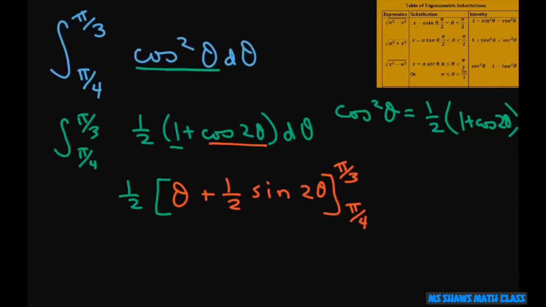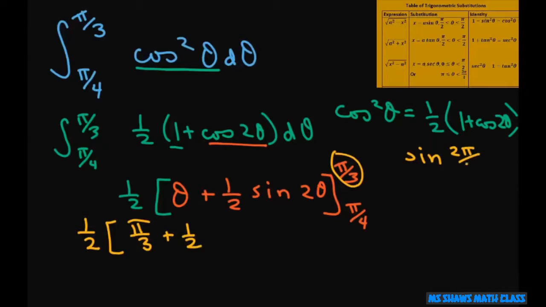So what that's going to give you is 1/2, and we start with this one, pi divided by 3 plus 1/2 sine of 2 pi divided by 3.